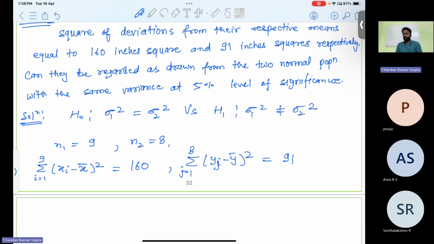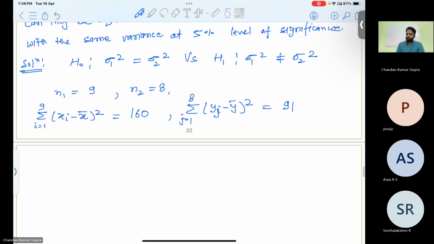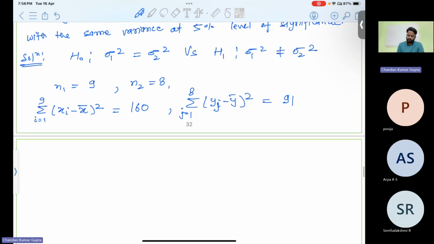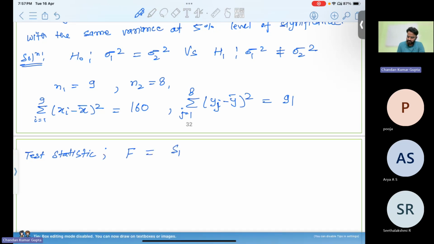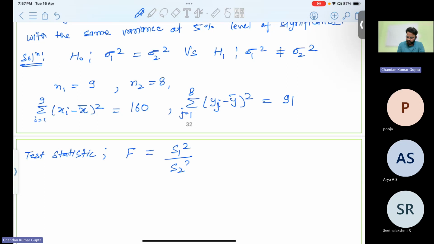Now we need to test this. The test statistic for this is F, which is s1 square upon s2 square, where the larger one will come in the numerator.